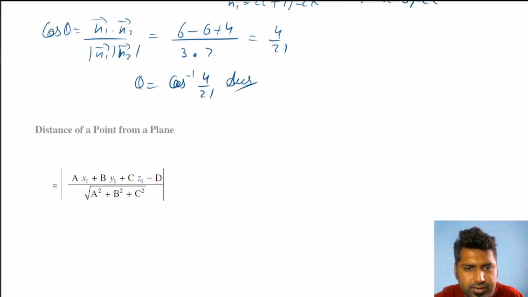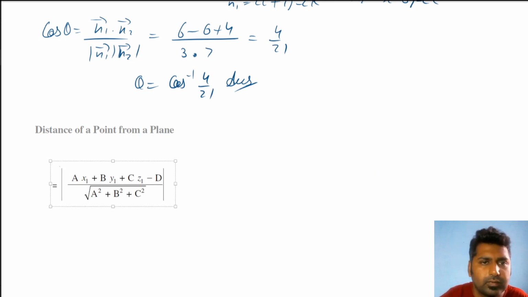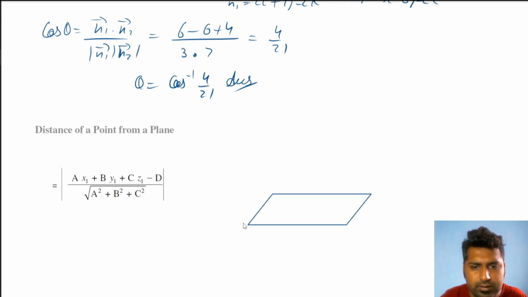Let me get the figure first. The figure is weird, so I'll draw it myself. So let's say you have a plane, and you are calculating a distance from a point, let's say here. In order to calculate the distance, you will calculate it perpendicularly like this.